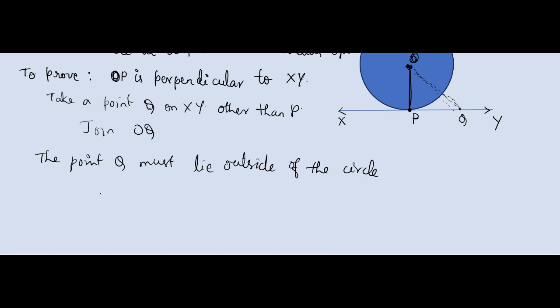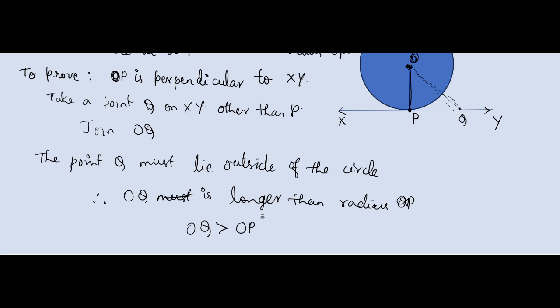Therefore OQ must be longer than the radius OP. This OQ that we have joined must be longer than the radius OP of this given circle. So we can write OQ is greater than OP.